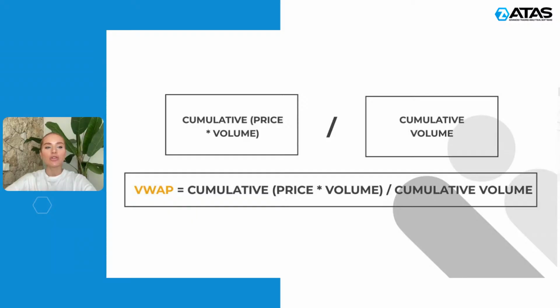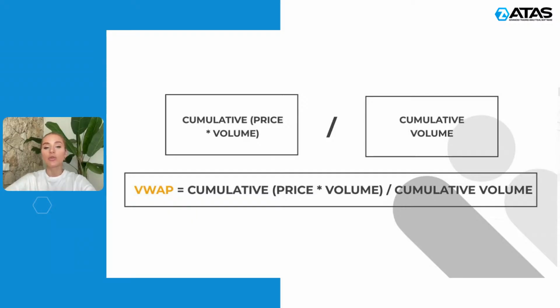So by the end of the trading day, you get the volume weighted average price of all the trades during that trading session. ARAS does this calculation for you automatically, of course, so you don't really need to know the formula to trade it. But I want you to know that this is where it comes from, and this makes sense if we are looking for the specific price reaction from this very tool.